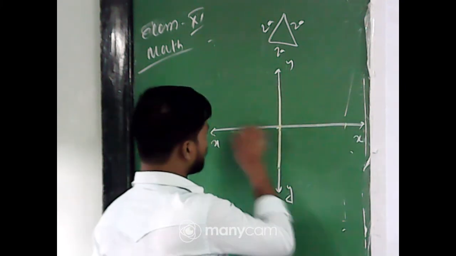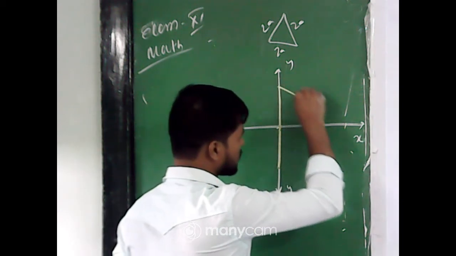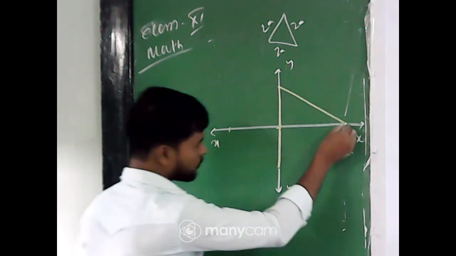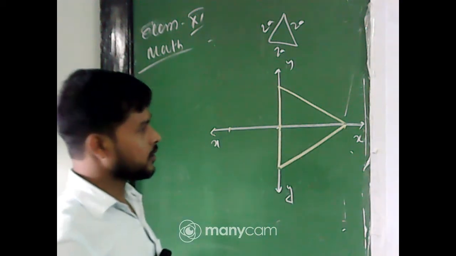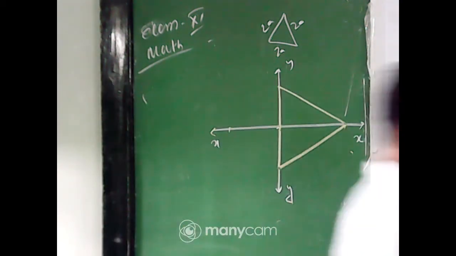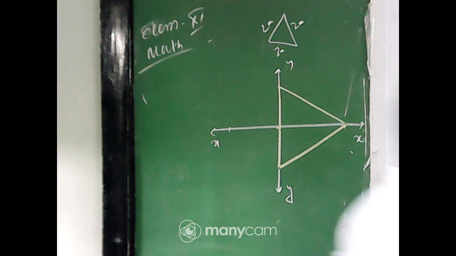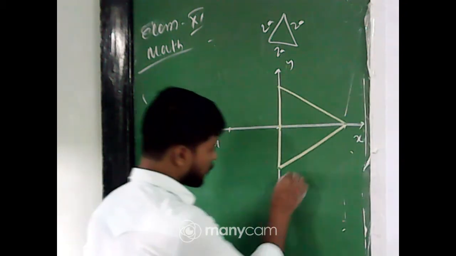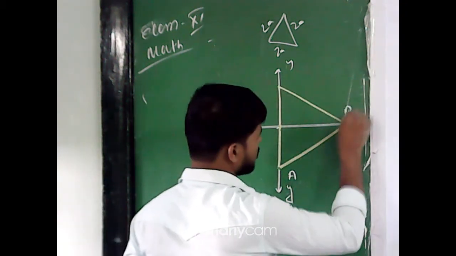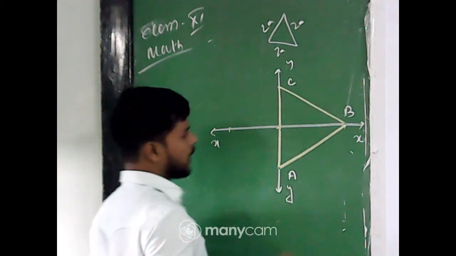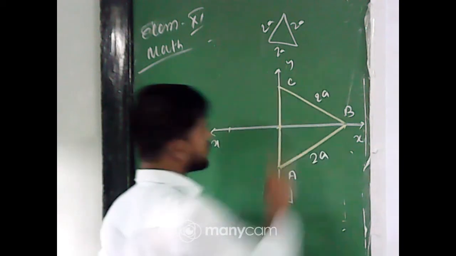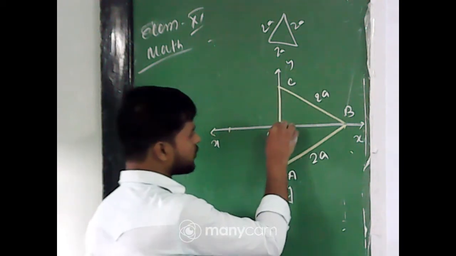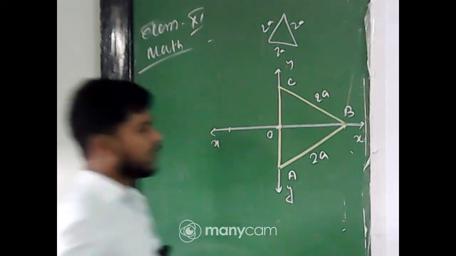So the vertex will lie on the x-axis like this. Let's give it a name. Let the name of the triangle be ABC. This point is A, this point is B, and this point is C. Its side is equal to twice a. This side is equal to twice a, and this side is equal to twice a. And O is the midpoint of the base AC.